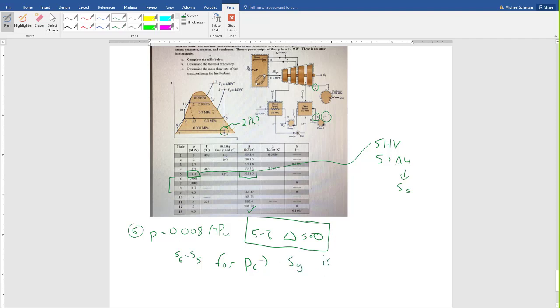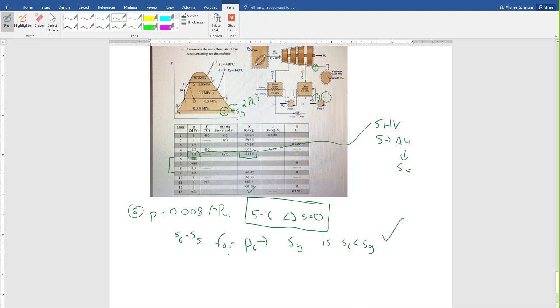Is S6 less than SG? Because SG is right over here. If this is a two-phase mixture, then we'll be less than SG on our TS diagram. My guess is this is the case, at least that's what it shows on the diagram.